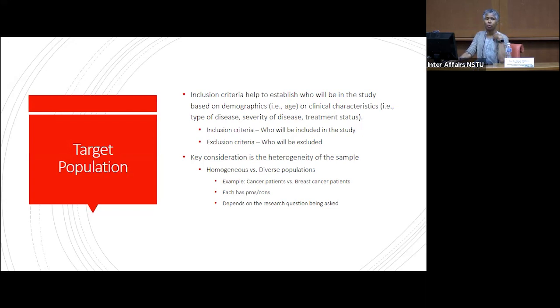If I'm focusing on quality of life among cancer patients, and I recruit lung cancer, breast cancer, skin cancer, colorectal cancer, blood cancers, and I'm interested in general concepts around the type of support that is needed for cancer care, that is fine to have a heterogeneous group, because I'm interested in developing cancer support services for our patients in general.